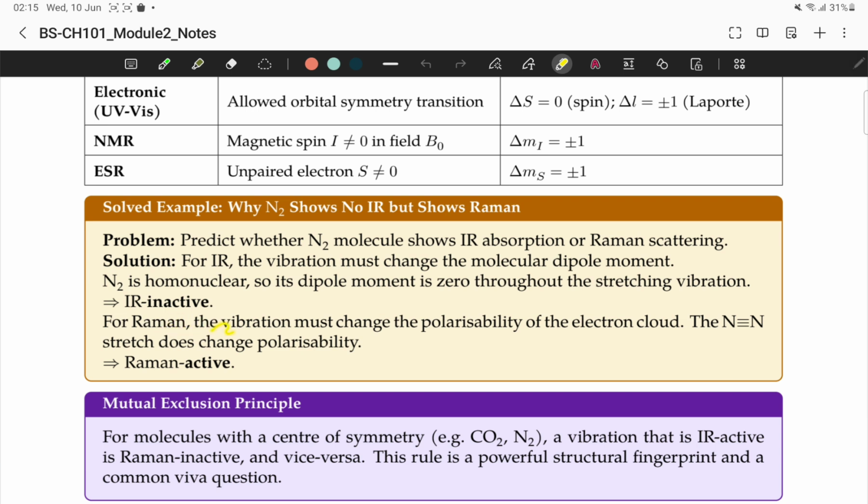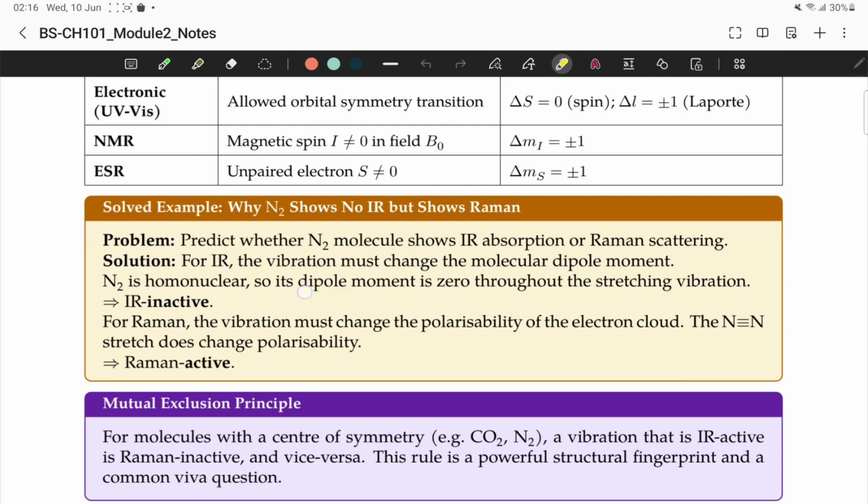But for Raman, the vibration must change the polarizability of the electron cloud. The N-N bond stretch does change polarizability, so this is Raman active. What you need to understand is where IR is inactive and where Raman is active.